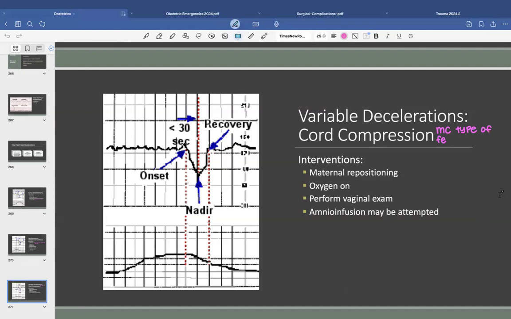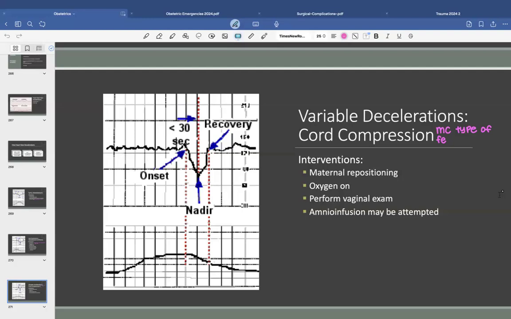Interventions for this one, again, maternal repositioning. If the cord is compressed, we want to try and move mom around, see if we can loosen that. Oxygen is on again. You need to perform a vaginal exam.